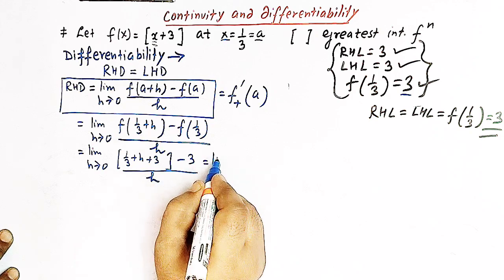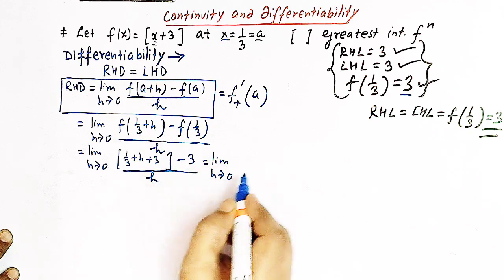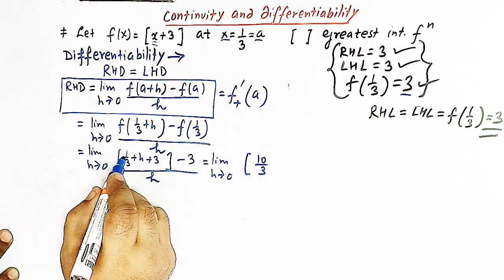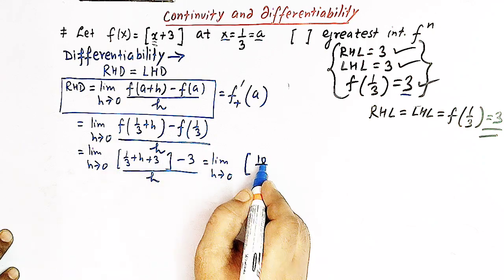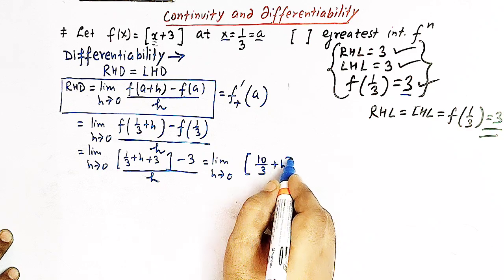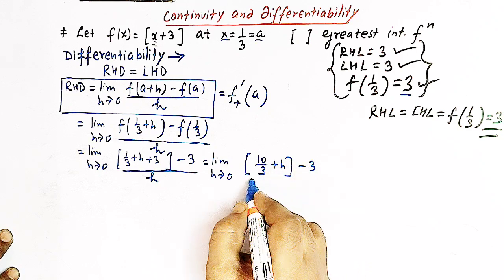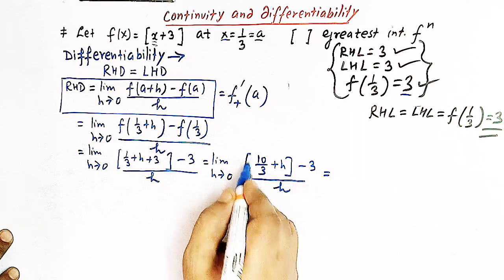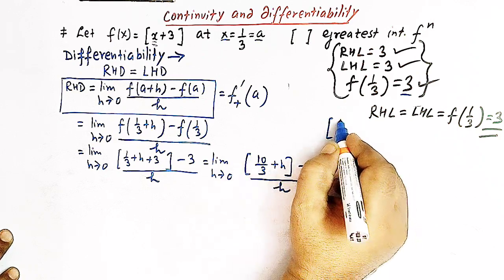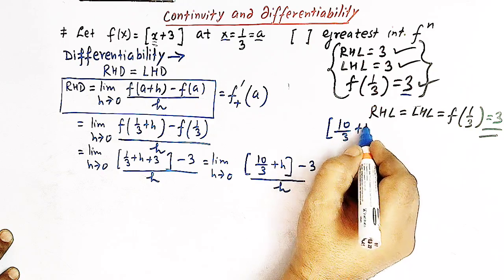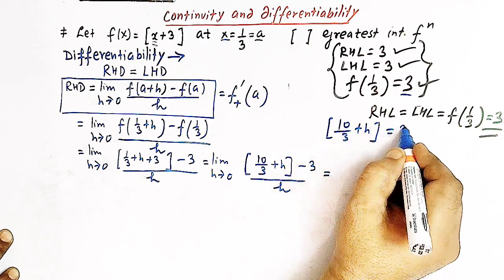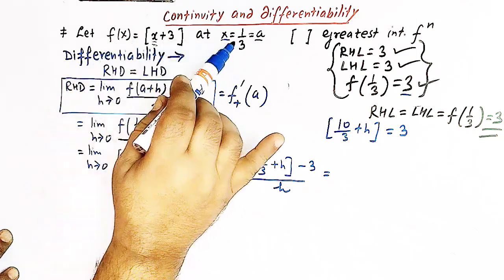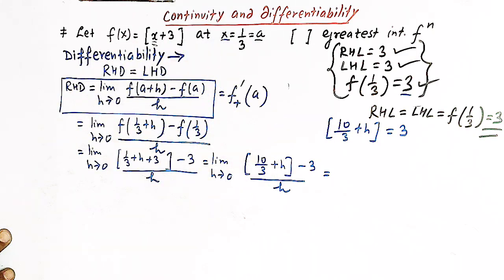So now we have the limit h tends to 0, and this is the greatest integer of 10 over 3, since 1 over 3 plus 3 is 10 over 3, plus h, and here we have minus 3 over h. We have just seen that the greatest integer of 10 over 3 plus h is equal to 3, while proving the continuity of this function at x is equal to 1 over 3.